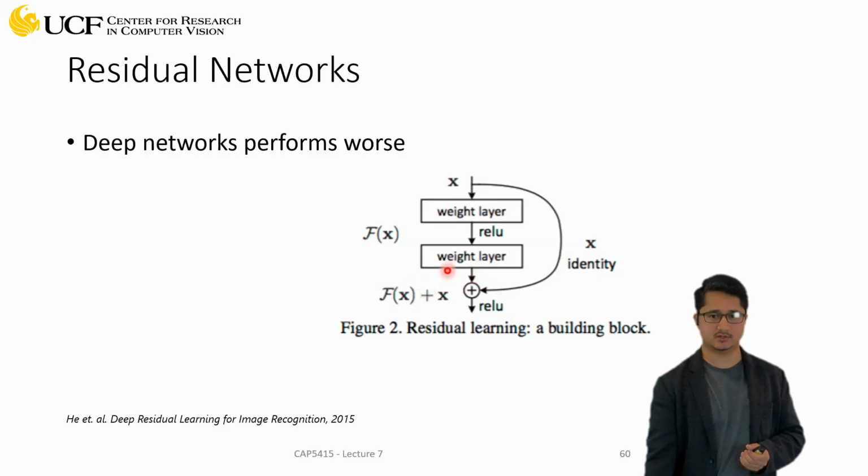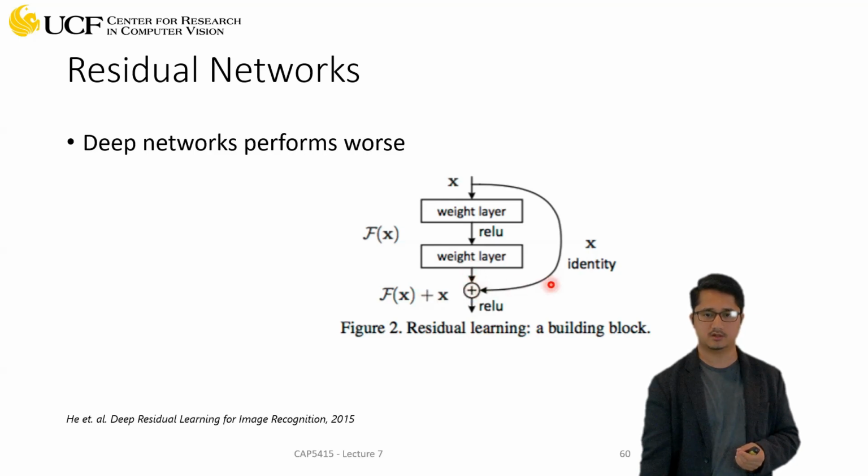If you define these two layers as a function f(x), then the output after this layer will be f(x) plus x, because you're adding the activation generated after this layer to the value which was at this point. This is called a skip connection, and you can also call it a residual connection, because you're shortcutting the connections here.